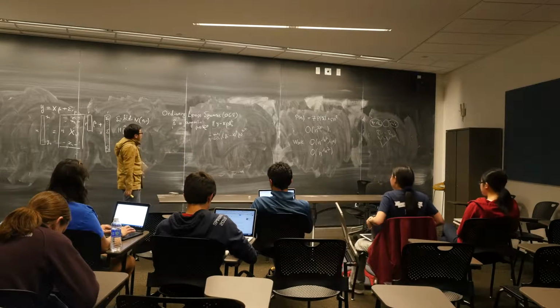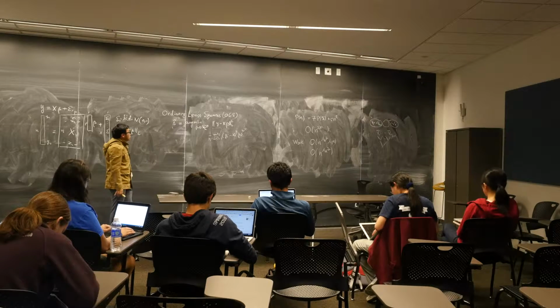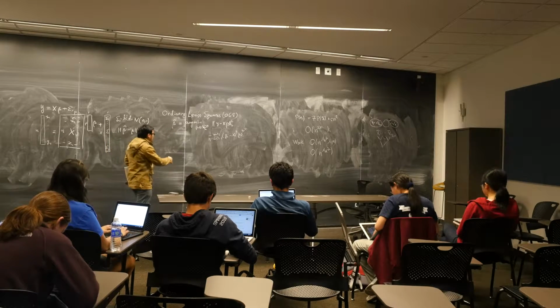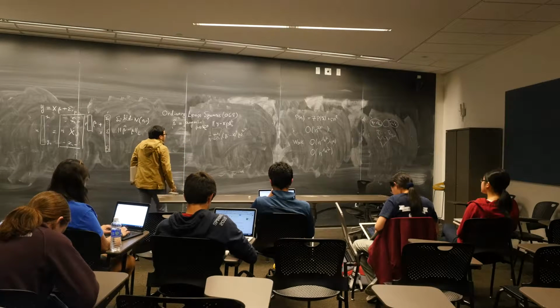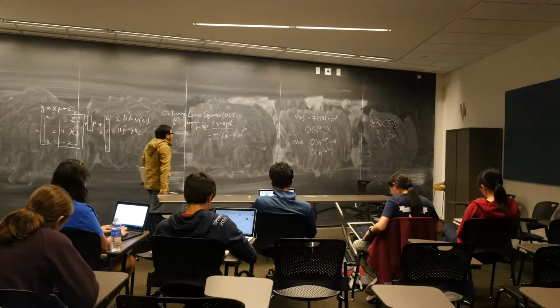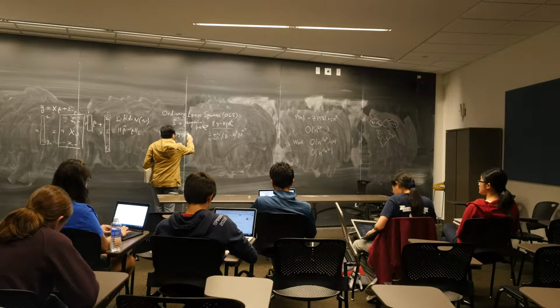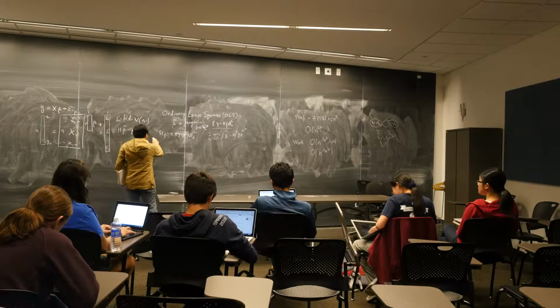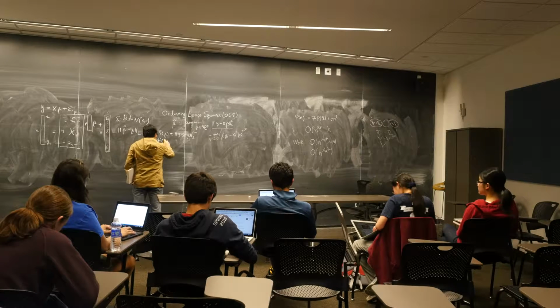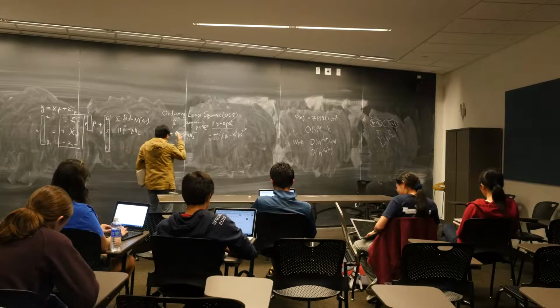So let's first see how we get a closed form solution for beta hat. This is all in class. The best way is to compute the gradient of this objective. Let's say f of beta is this. I want to compute the gradient with respect to beta.